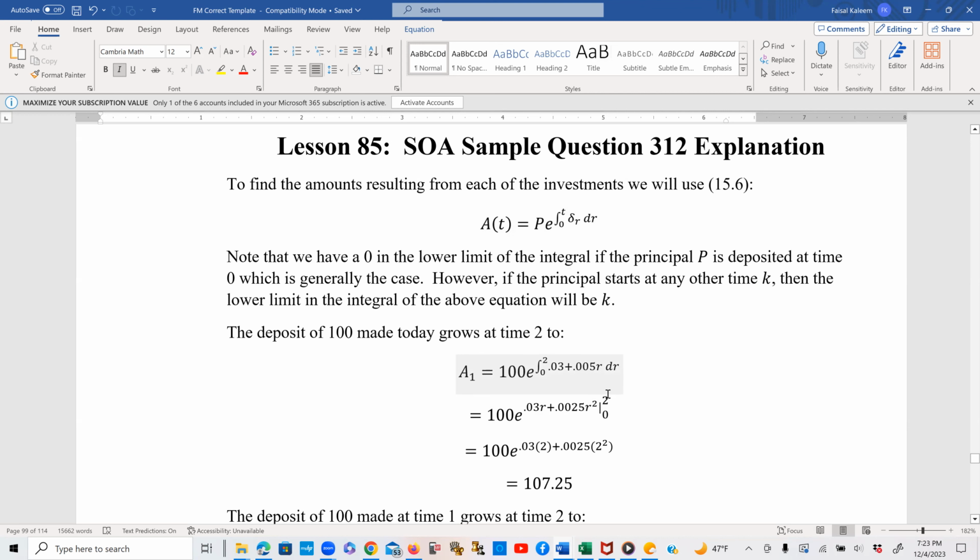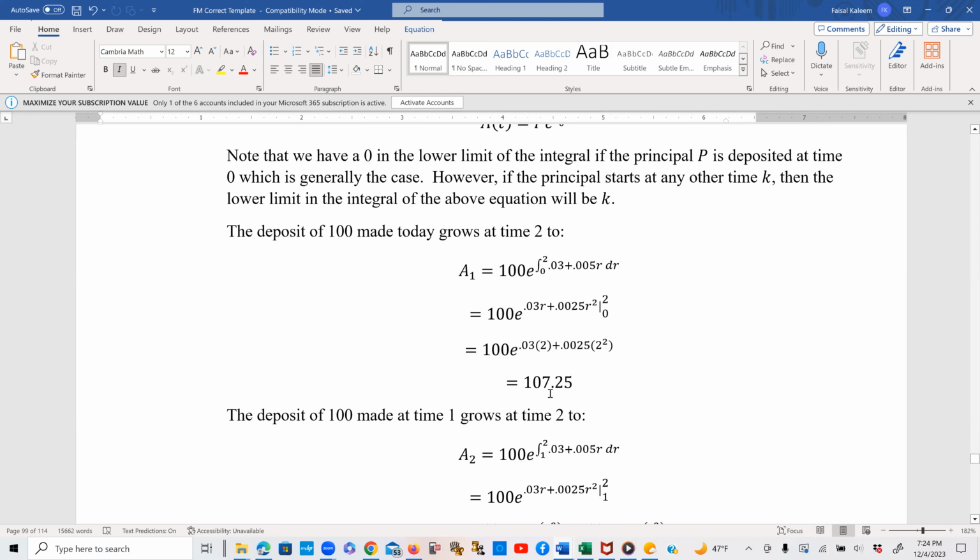Then when you substitute the upper limit of r equals 2, you get e to the 0.03 times 2 plus 0.0025 times 2 squared. The lower limit is 0, and that makes both of these terms 0. And so eventually this simplifies to 107.25.